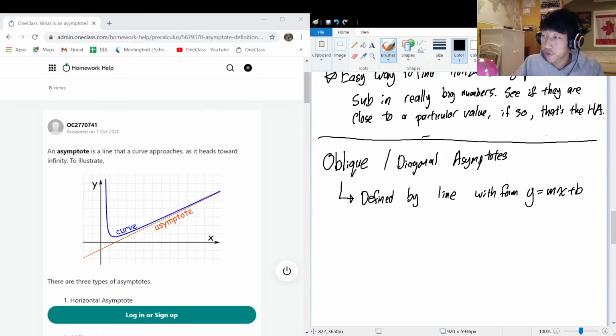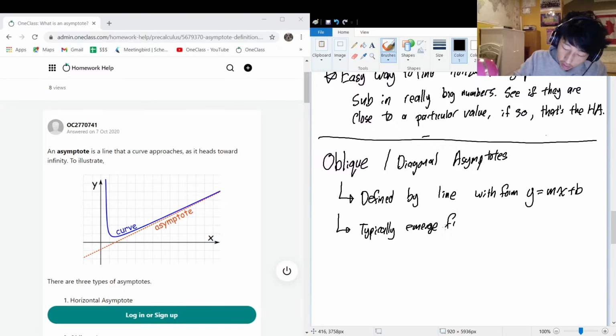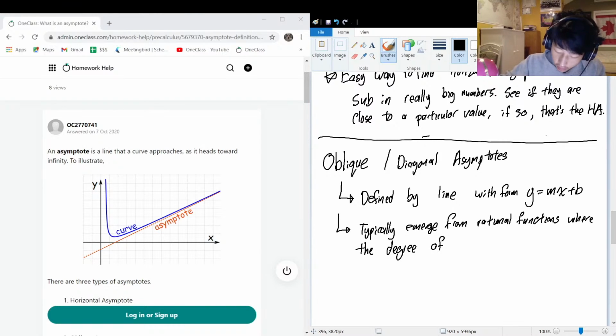They typically emerge from rational functions where the degree of the top, or of the numerator, is 1 more than the degree of the denominator.